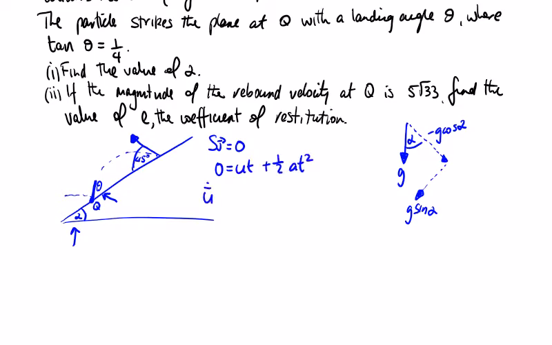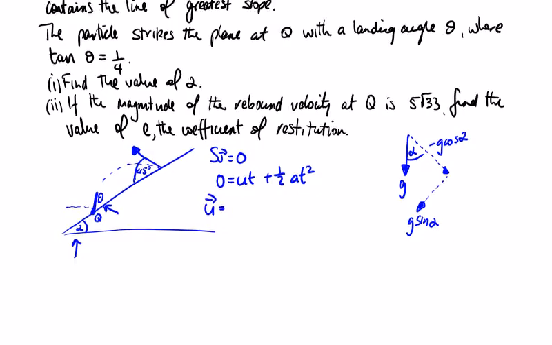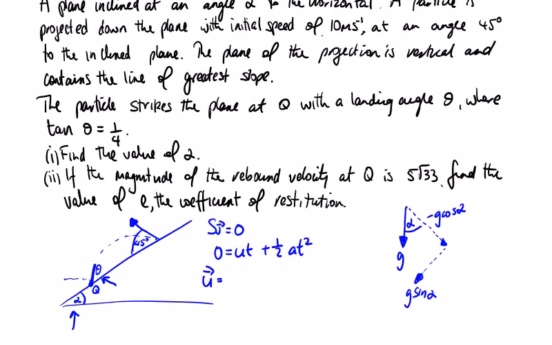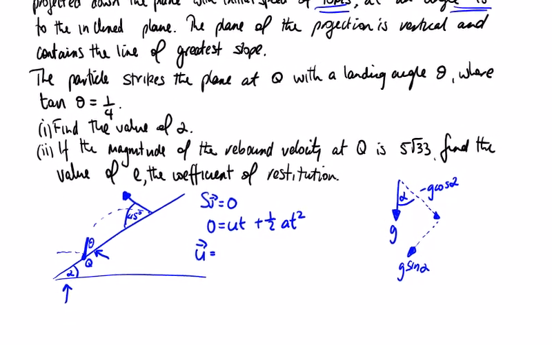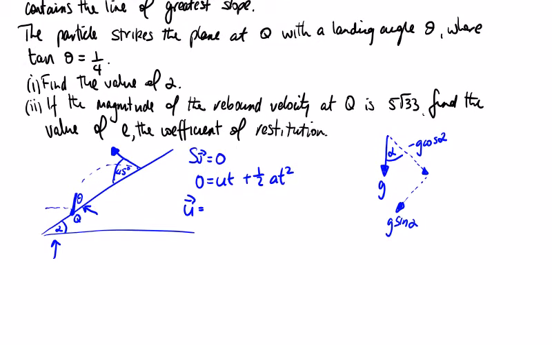My initial velocity vector is traveling at a speed of 10 at an angle 45. So we set that up: 10 cos 45 times i plus 10 sine 45 times j. So my initial velocity in the j direction, this u, is 10 sine 45.